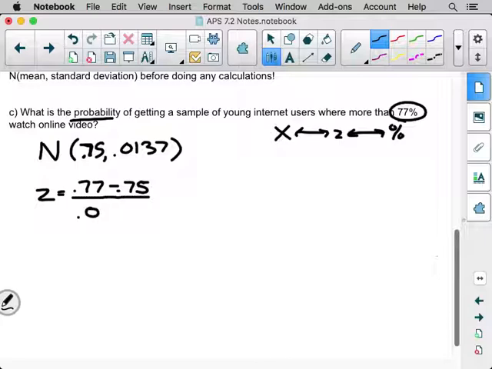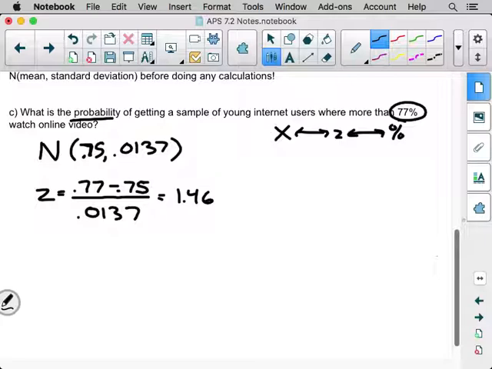Standard deviation, we calculated to be that. And that's going to be 0.77 minus 0.75 divided by that standard deviation. That's going to give me 1.46.